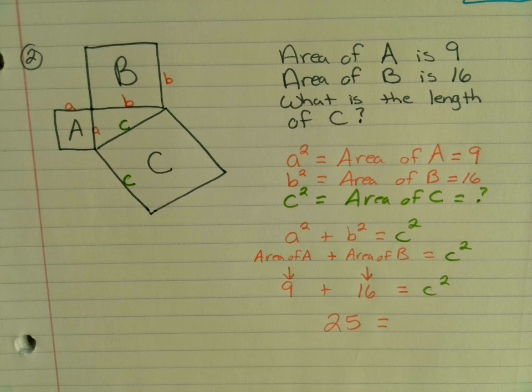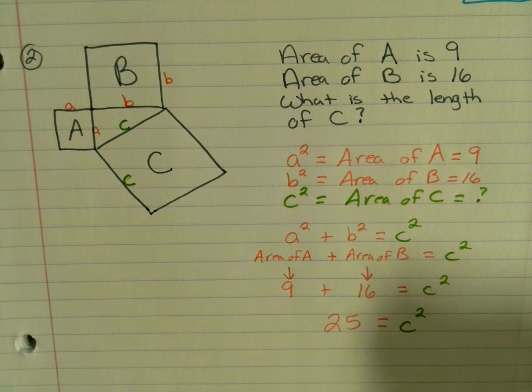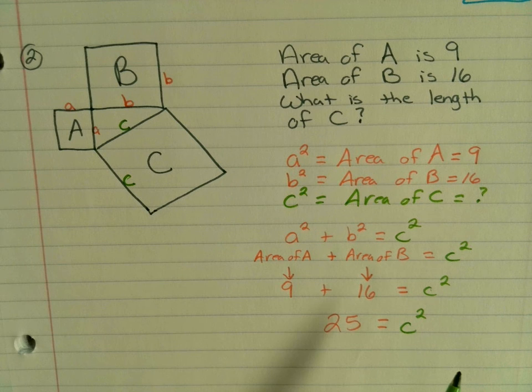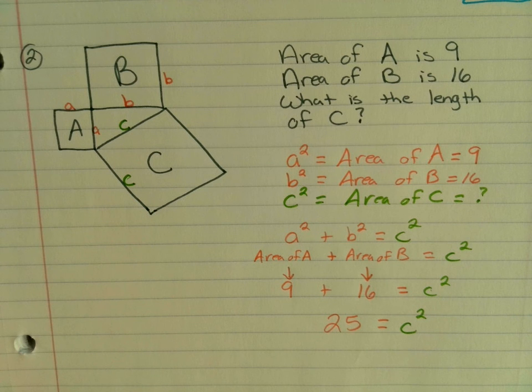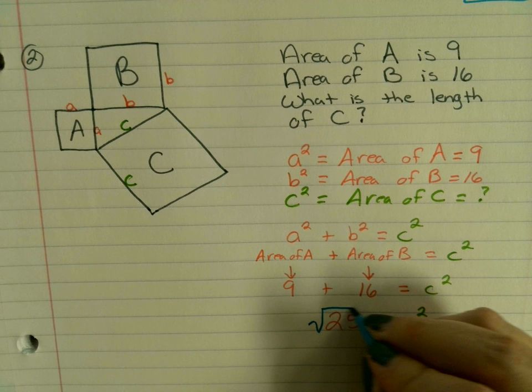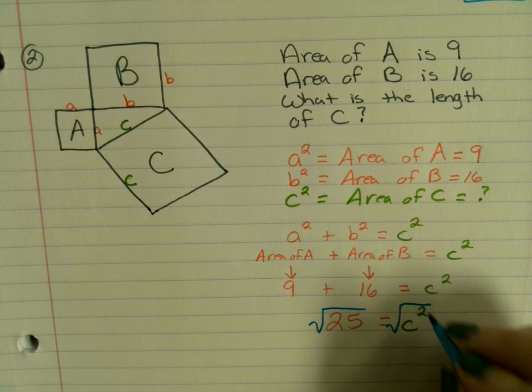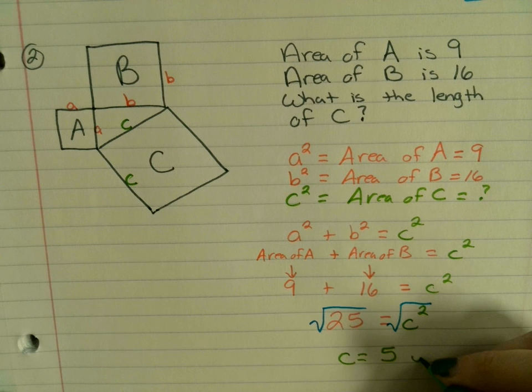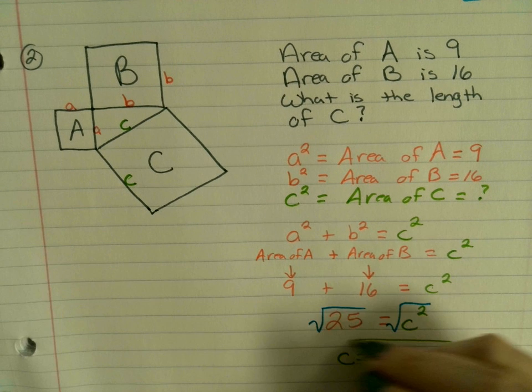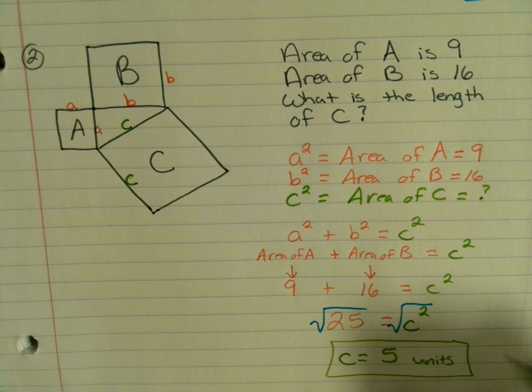But the question wasn't asking for the area of C. The question was asking for the length of C. So what do I need to do? Take the square root. I'm going to take the square root of 25 and the square root of c squared, and I find out that C is equal to 5 units. Since we don't know what the measurement is, we title it units. Okay?